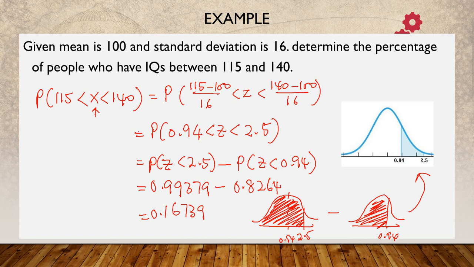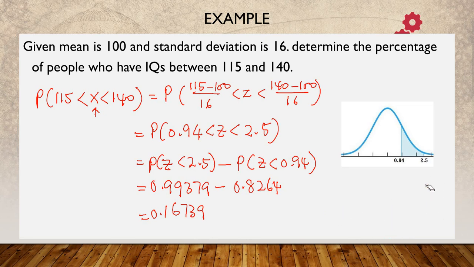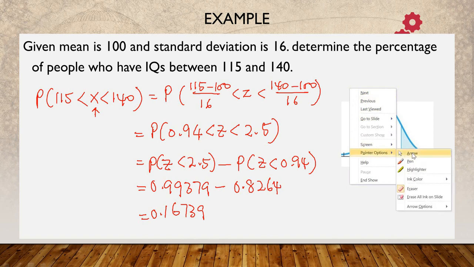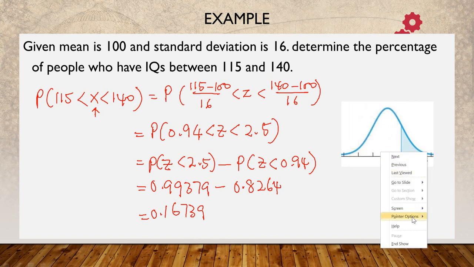This is how to find the probability. But this is not finished because I erased this one. Okay, then you see that we want to find the percentage, not probability.